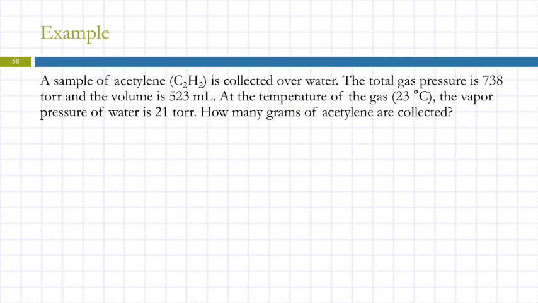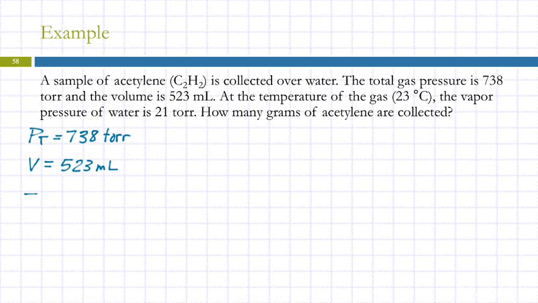Well, we have a gas. Let's pull these numbers out and write them down. So 738 torr, that's the total pressure. The volume is 523 milliliters.